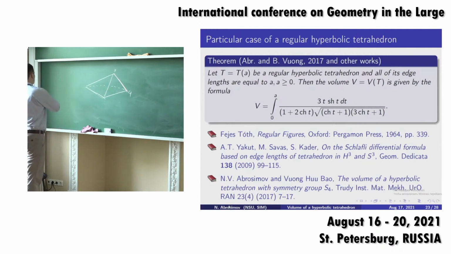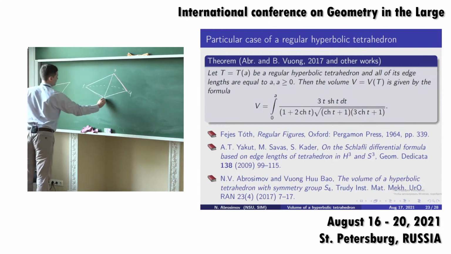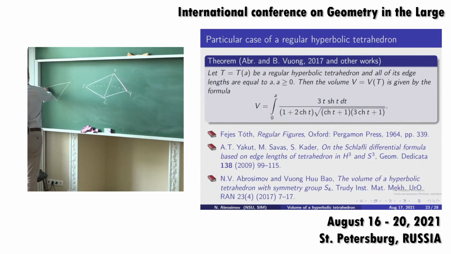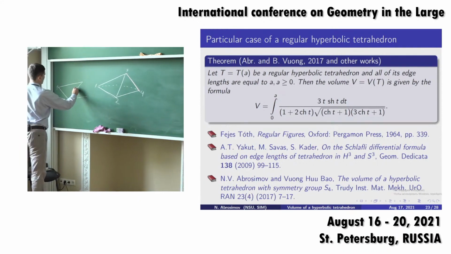So we take the flat picture, the volume is 0, the dihedral angle along the edge between vertices 1 and 2 is equal to 0, and we have this flat construction.